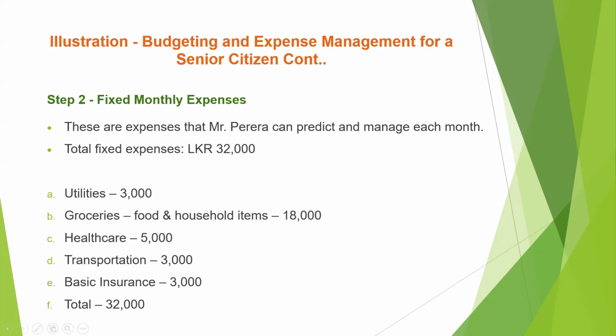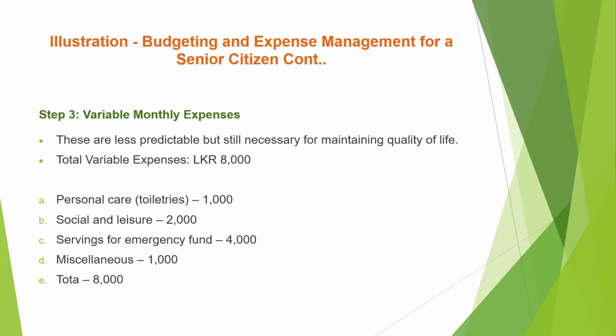That is why I have taken 3,000 for basic insurance. Transportation is 3,000, those are the basic other expenditures. Food is 18,000 and for other household items I have allocated 10,000. In the variable section, social and leisure I have taken just 2,000, and savings for emergency fund 4,000.